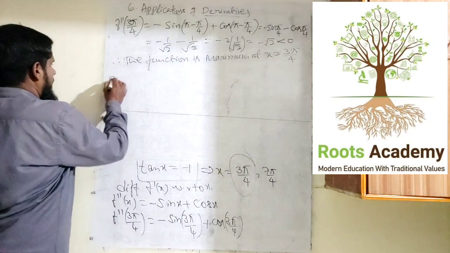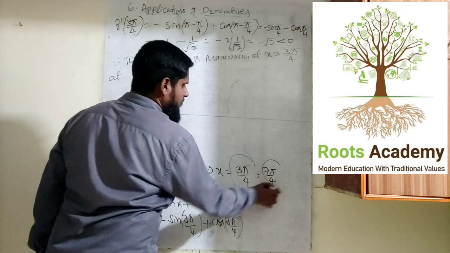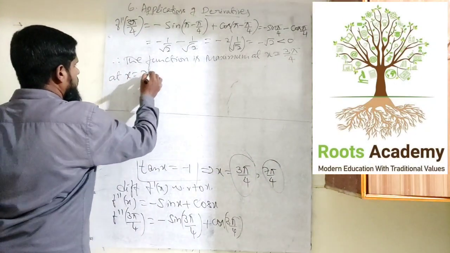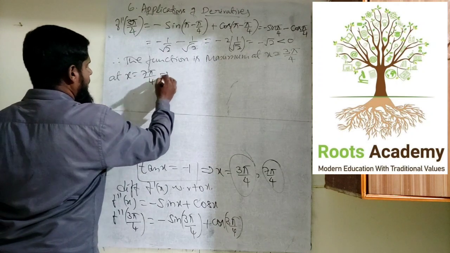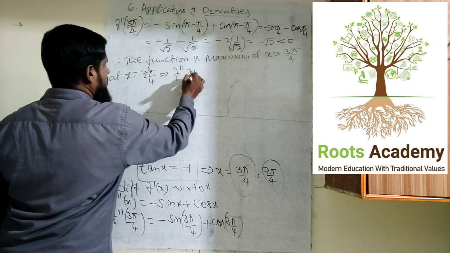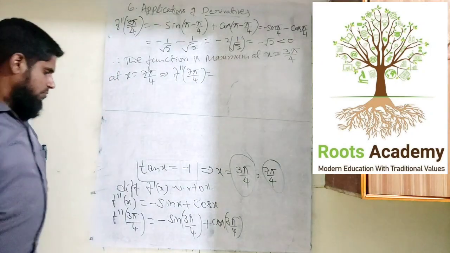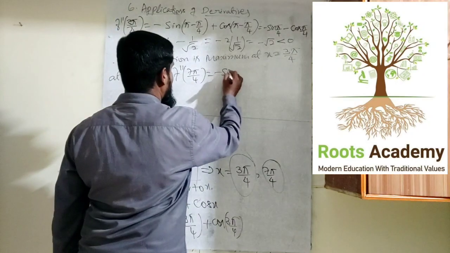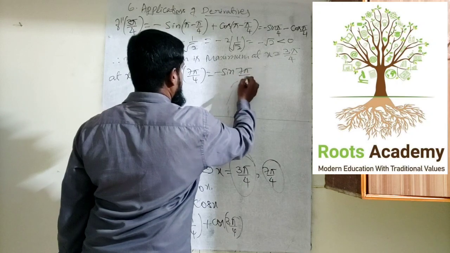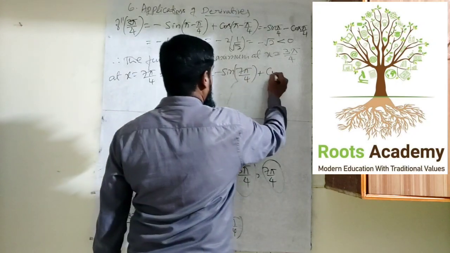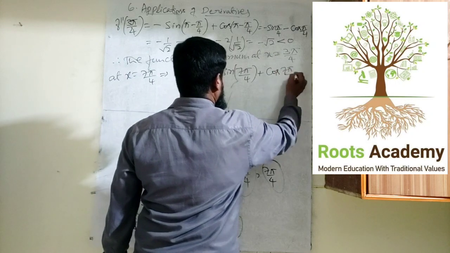Next, at 7 pi by 4 we will take now. At x is equals to 7 pi by 4, f double dash of 7 pi by 4 is equals to minus sin 7 pi by 4 plus cos 7 pi by 4.